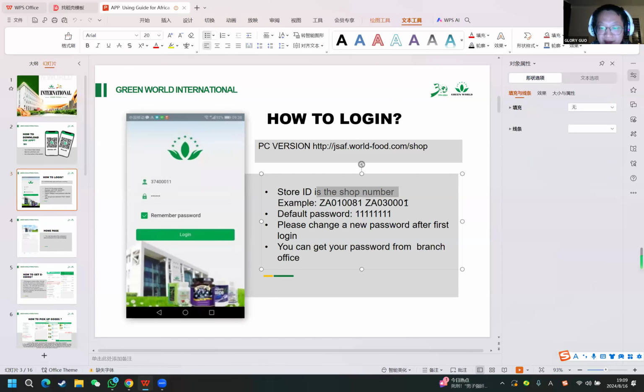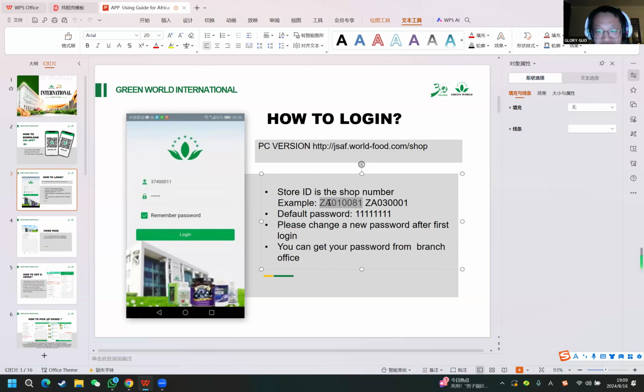All of our members, all of our shop users, you are the shop owner. You need to register your shop in different branches. And when you register your shop, you are going to get your shop number. And this shop profile, each and every branch, will be loaded to the system.